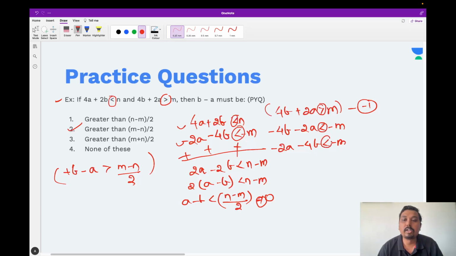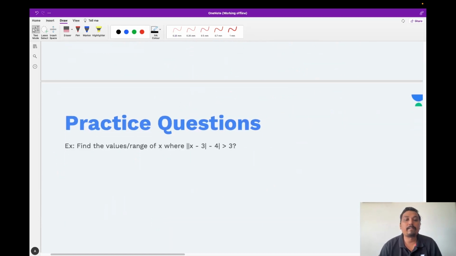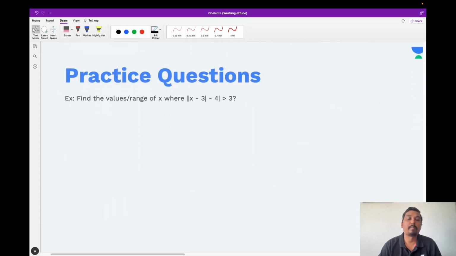Then I just need to solve it again like a normal equation. This is one of the most important concepts because people miss out. They don't focus on the mathematical operation of inequalities, but you can definitely do it. It is all about awareness.